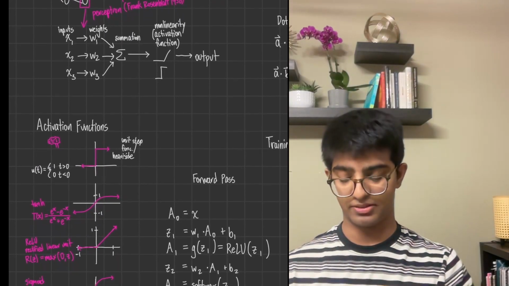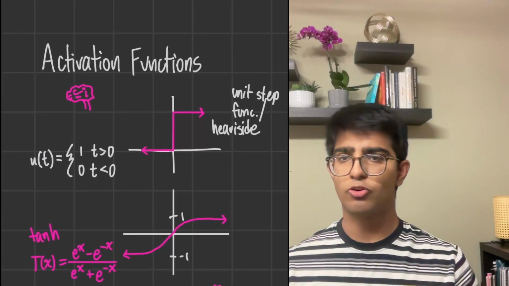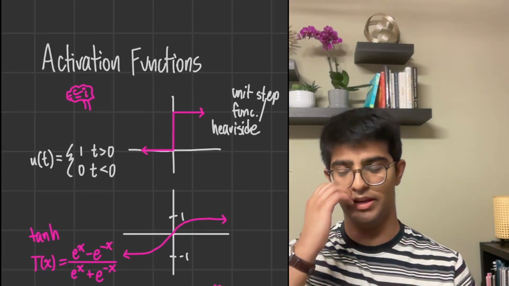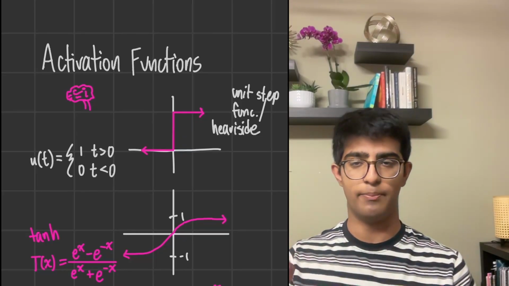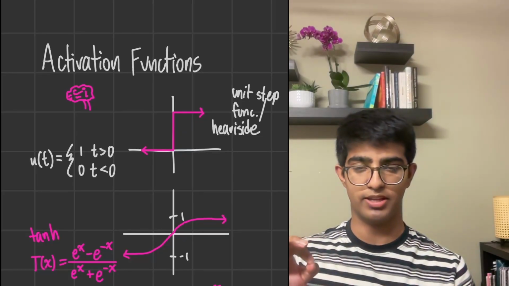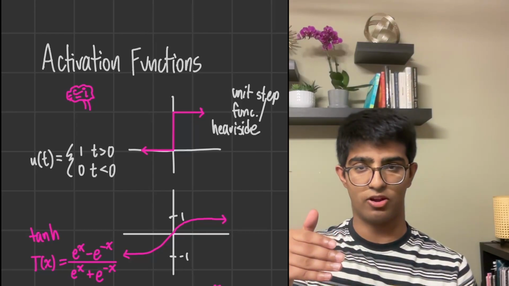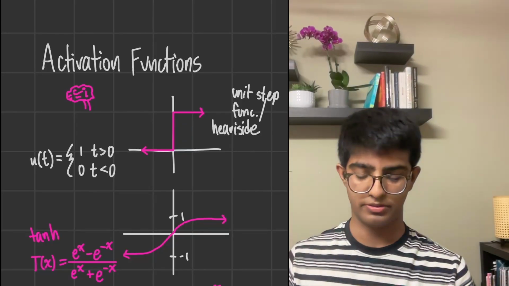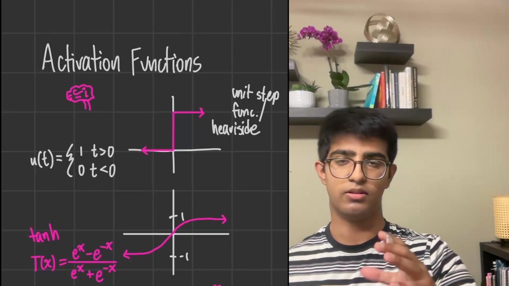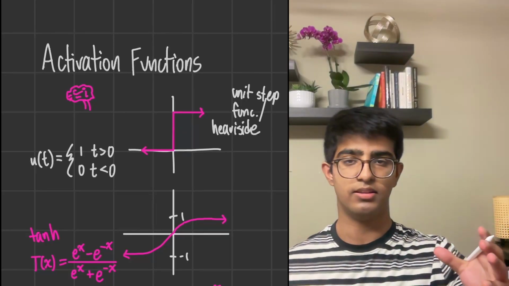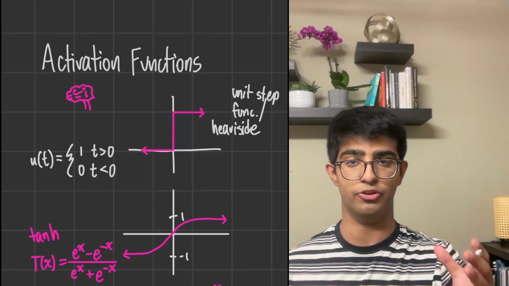So now let's talk about activation functions. Basically, neural networks are modeled after our brains. In our brains, we have neurons that fire and pass that impulse, that action potential, through their axons, and then fire other neurons. So neurons firing affect the firing and activation of other neurons.